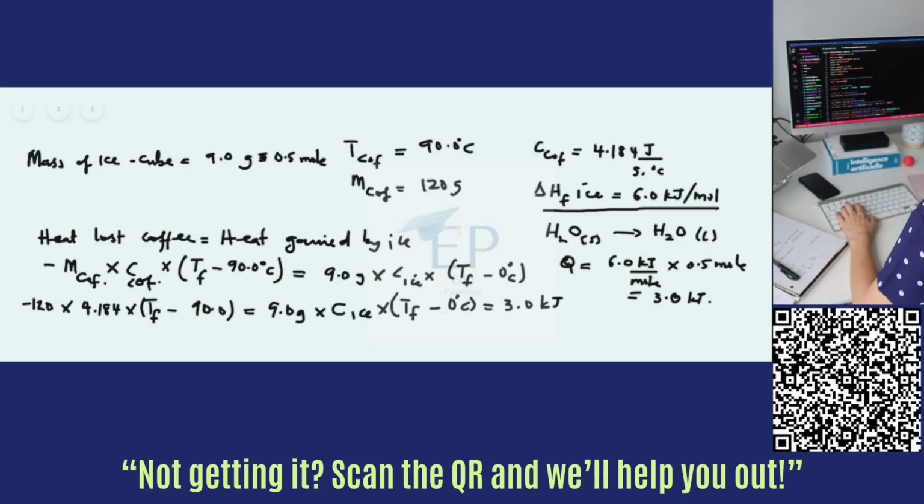So we can take any of these two and equate them to 3.0. So it's better to take this.